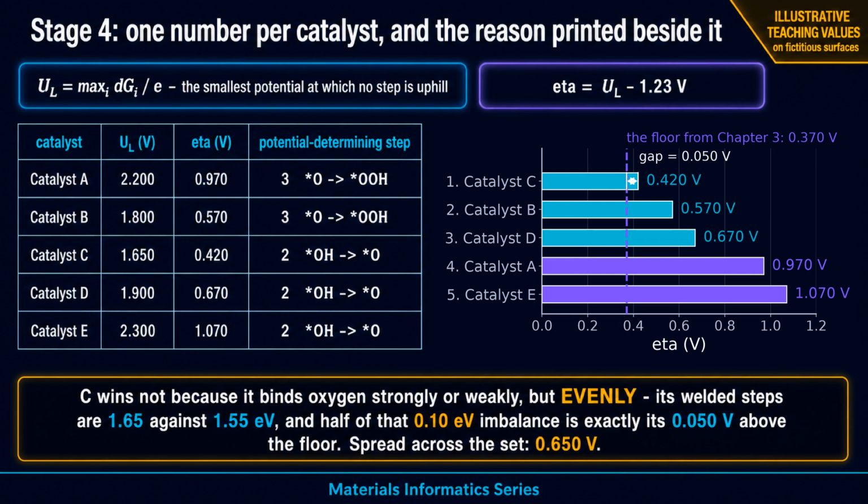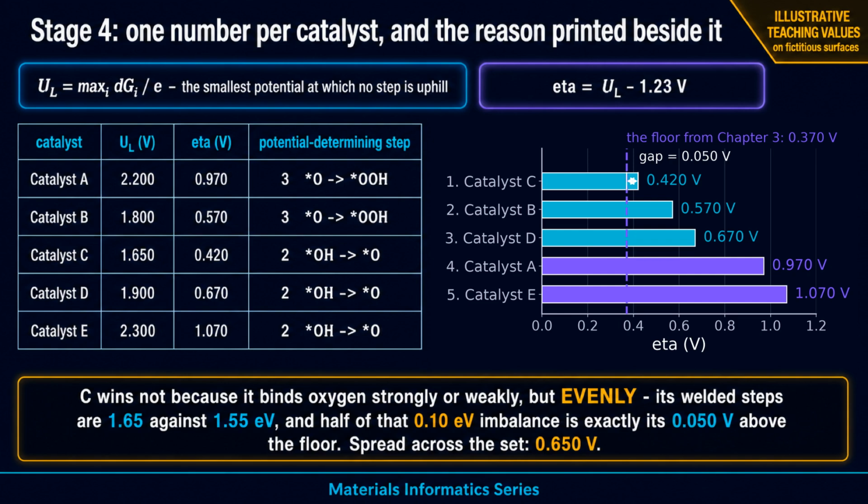The limiting potential is the largest step energy expressed as a potential, and the overpotential is that minus 1.23. The ranking is C at 0.420 volts, then B at 0.570, D at 0.670, A at 0.970, and E at 1.070. C wins not because it binds oxygen strongly or weakly, but evenly.